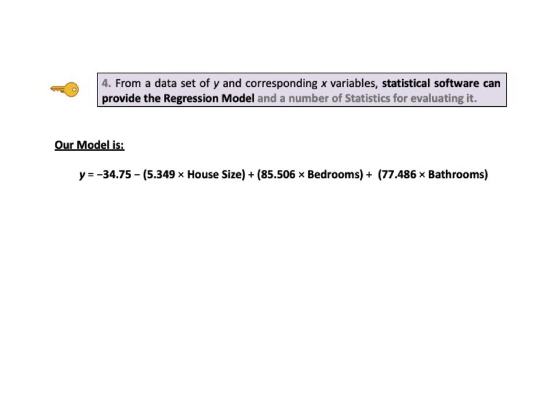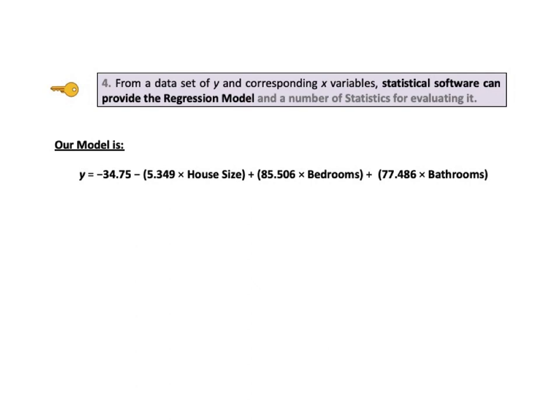Key to understanding number 4 starts out by saying, from a data set of y and corresponding x variables, statistical software can provide the regression model. In our example, the software provided this equation for a regression model. Y equals negative 34.75 minus the quantity 5.349 times house size plus the quantity 85.506 times bedrooms plus the quantity 77.486 times the number of bathrooms.